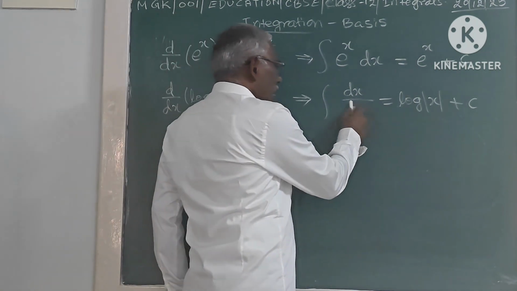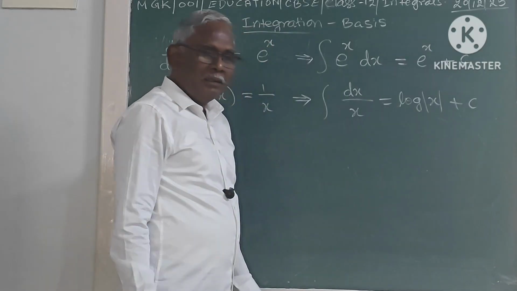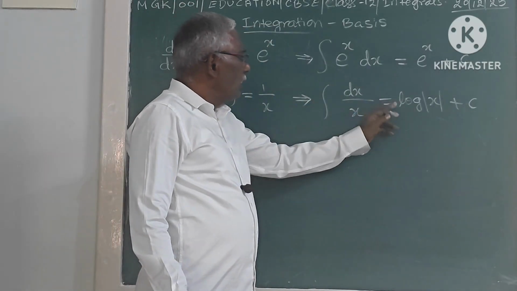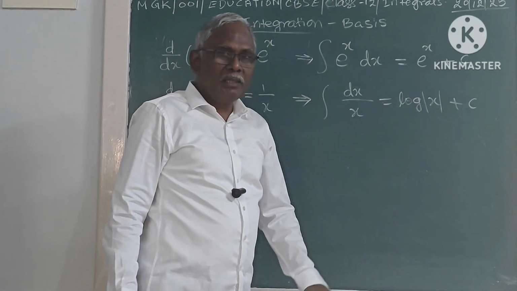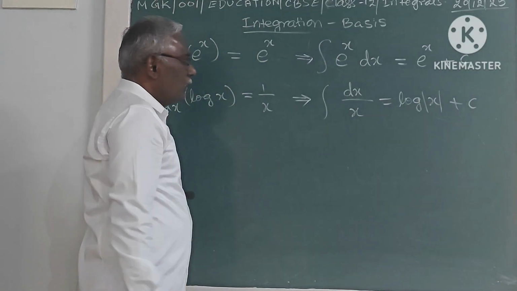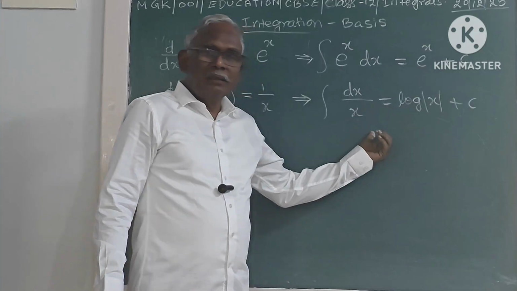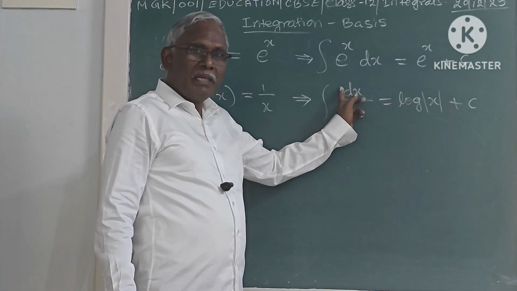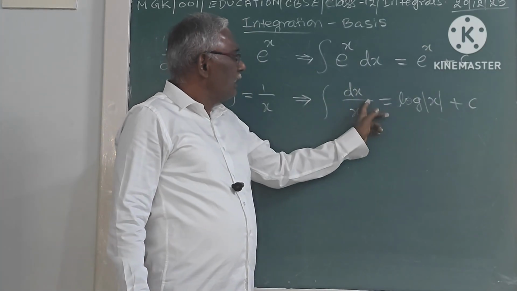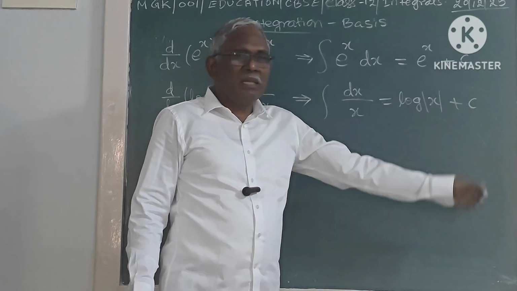That means if we differentiate x, we are getting dx, then the value of the integral will be log of x plus constant. This is how we are going to write. If you differentiate the denominator and you get the numerator, then the value of the integral is log of denominator plus constant.